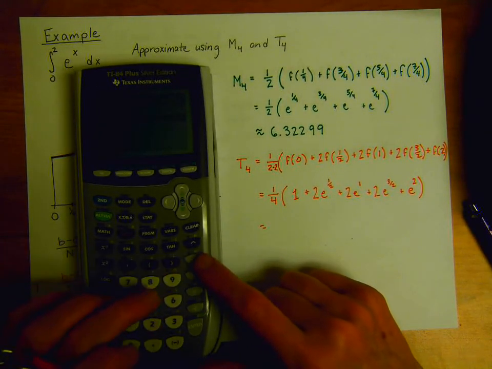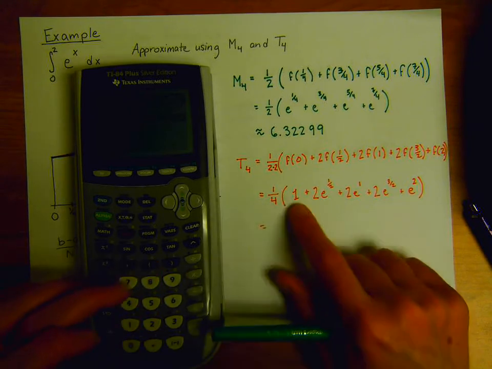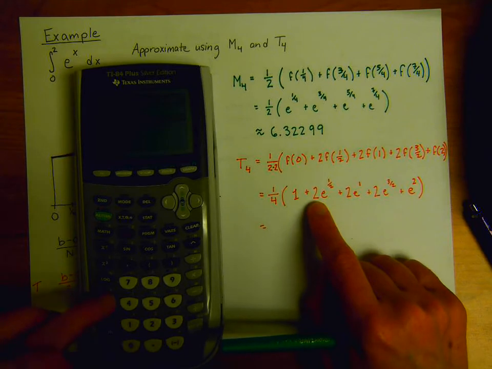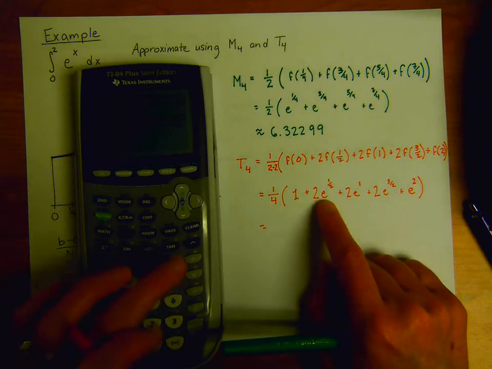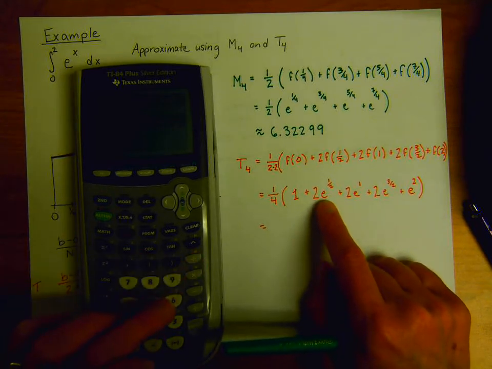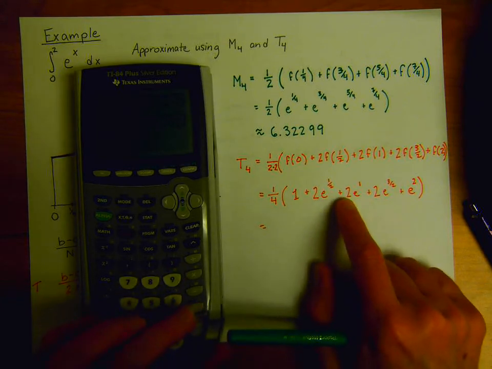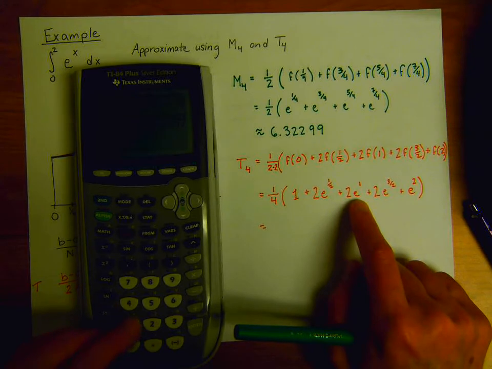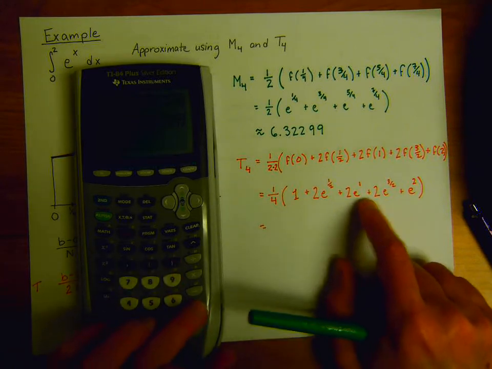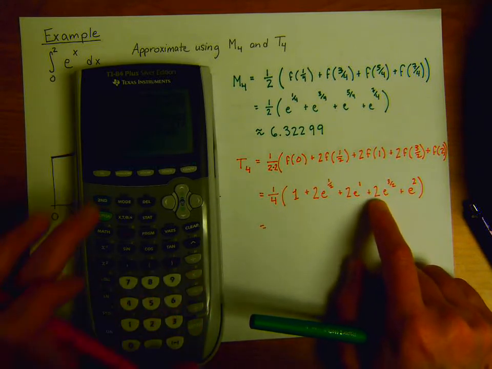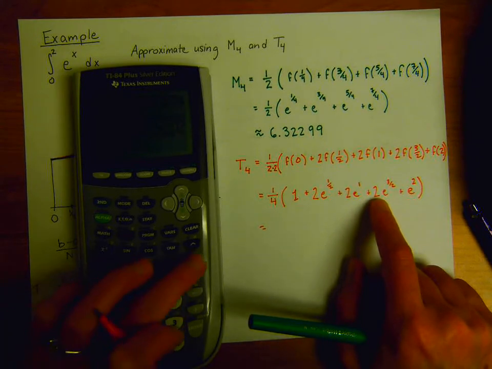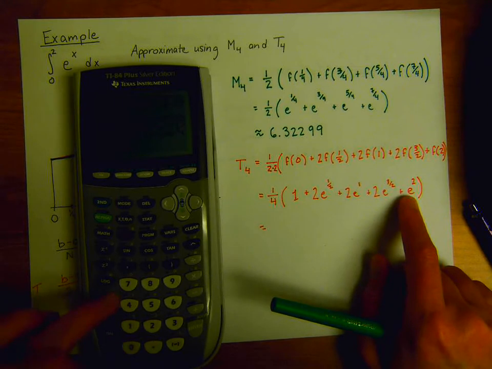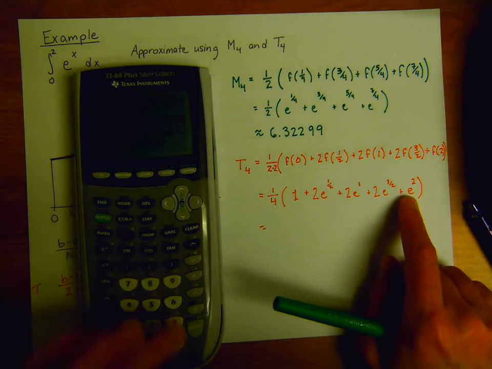I have 1/4 times 1 plus 2 times e to the 1/2 plus 2 times e to the first plus 2 times e to the 3/2 plus 1 copy of e squared.